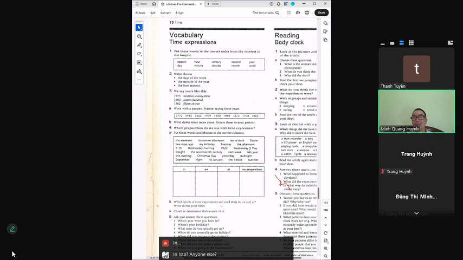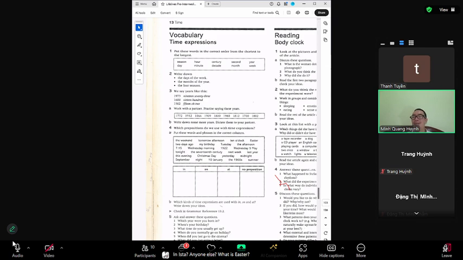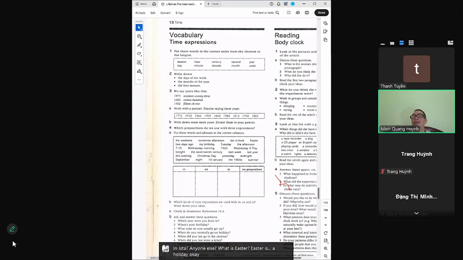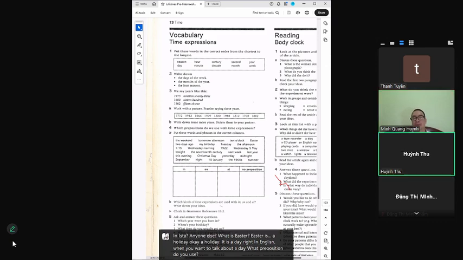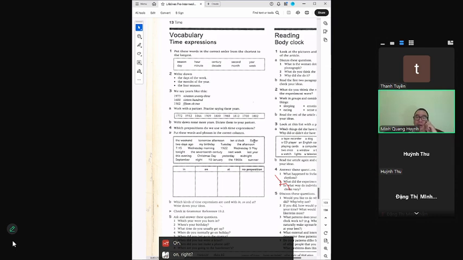What is Easter? Easter is a holiday, okay? A holiday, it is a day, right? In English, when you want to talk about a day, what preposition do you use? On, right? So on Easter, just like on Thursday.